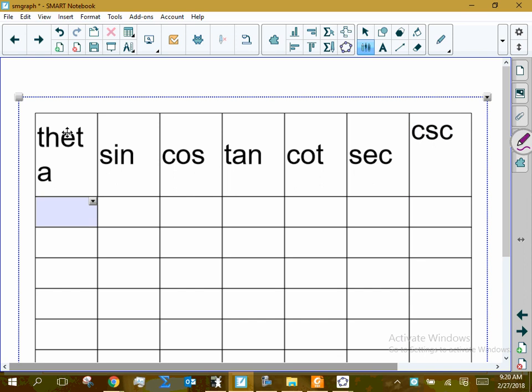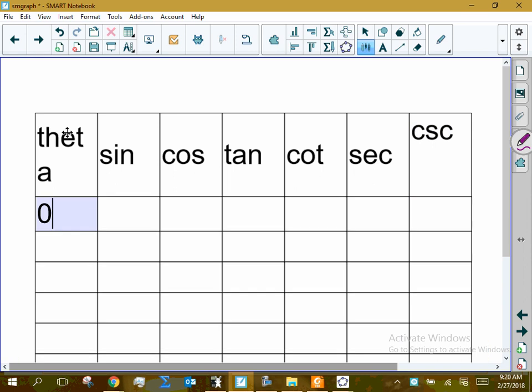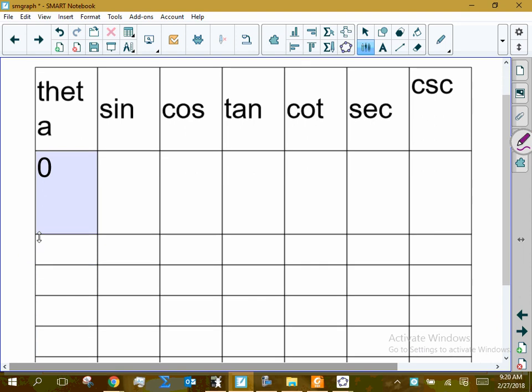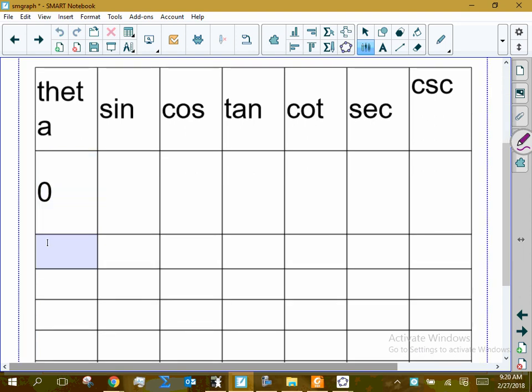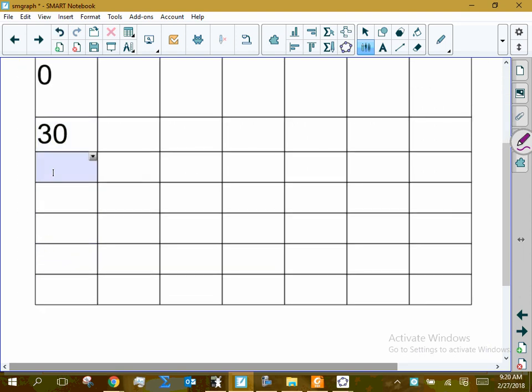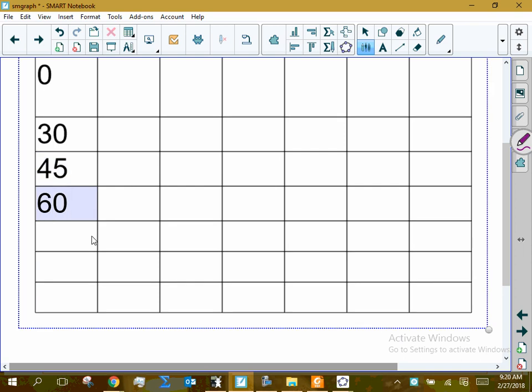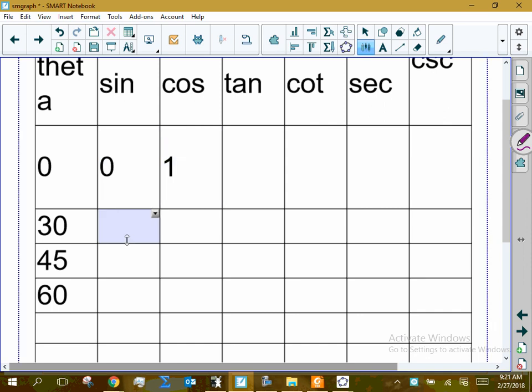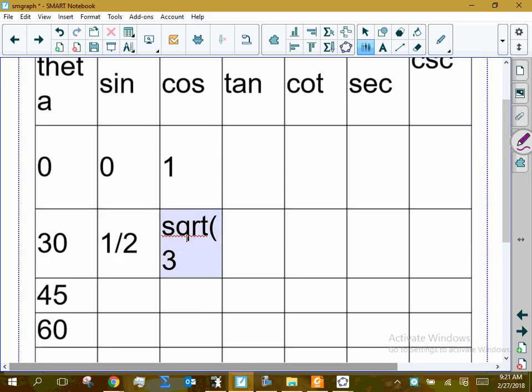And then it started giving me things like 0 degrees, 30 degrees, 45 degrees, 60 degrees. That's 0, that's 1. This would be the sine of 30 is 1/2. This would be square root of 3 over 2. And we fill in that entire chart.